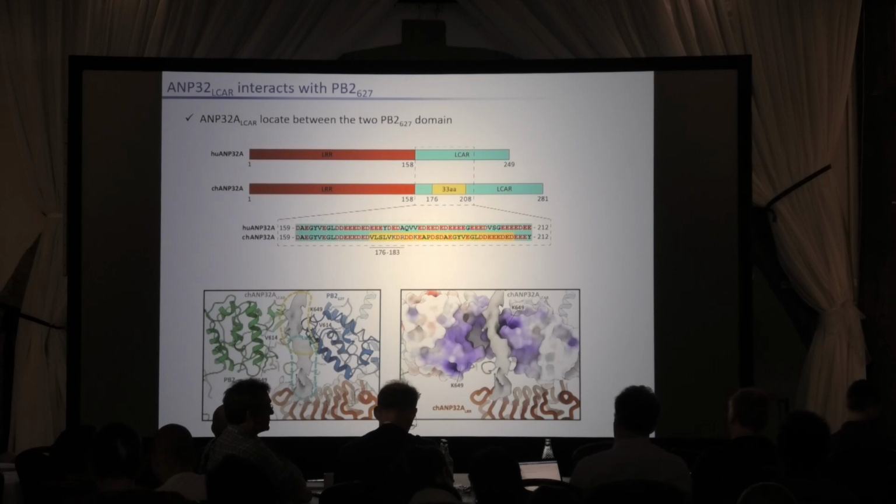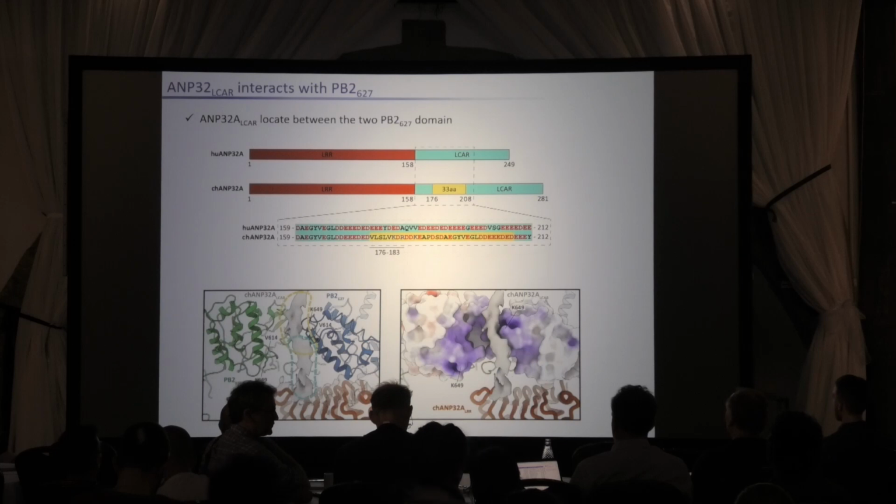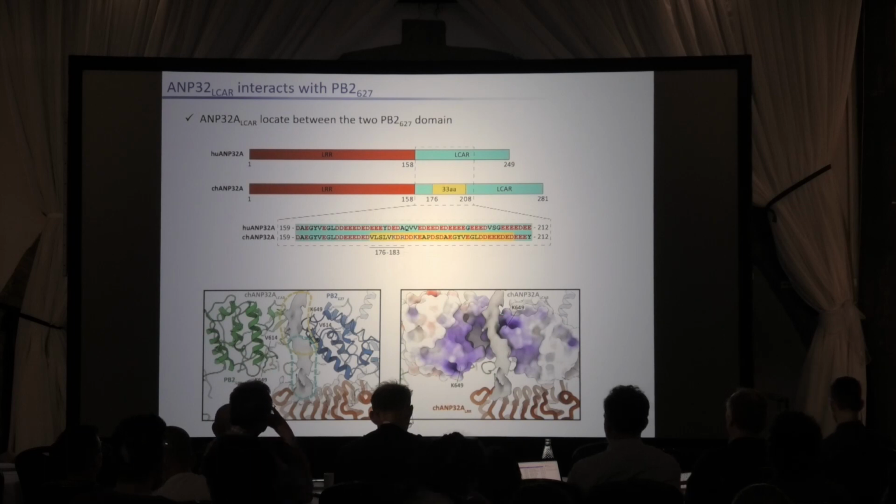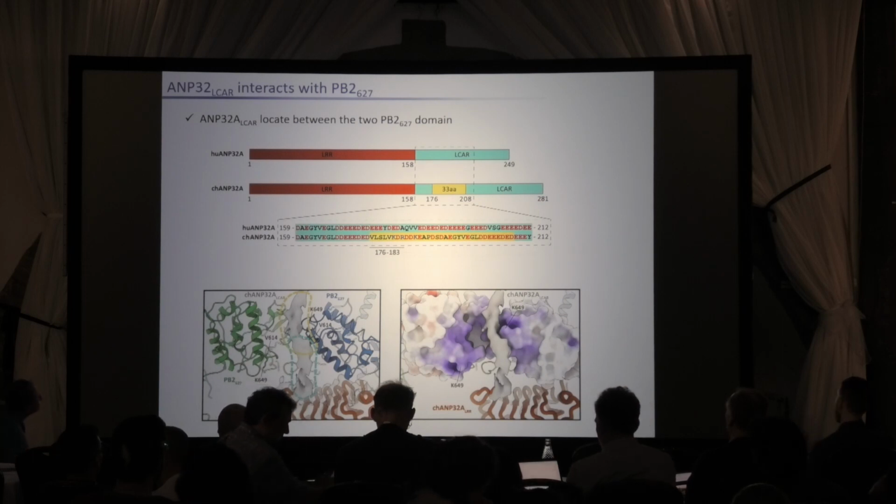And right where this insertion is, you get the key adaptive mutation K in the flu C. It's 649, but structurally it's equivalent to K627. So it's these two adaptive mutations which somehow allow this highly negative bit of the human to be able to bind.